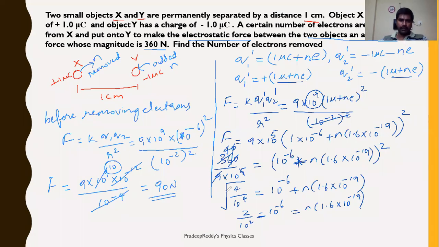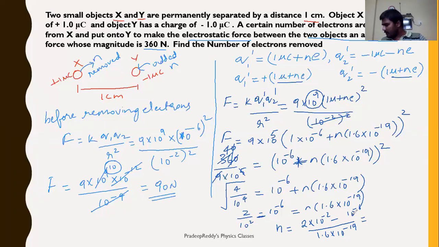Evaluating this, root 4 will be 2 and 10 power 4 is 10 power 2. Bringing this to the other side, it is minus 10 power minus 6 is equal to n into 1.6 into 10 power minus 19. n is equal to (2 into 10 power minus 2 minus 10 power minus 6) divided by 1.6 into 10 power minus 19.